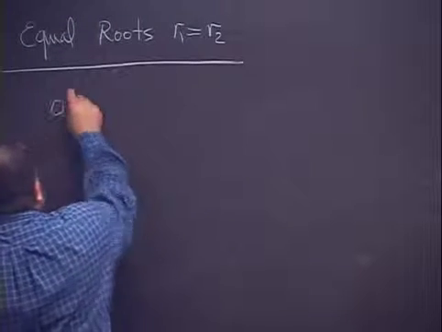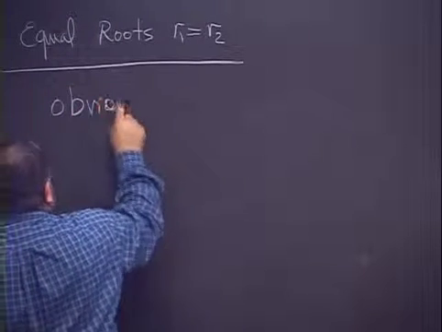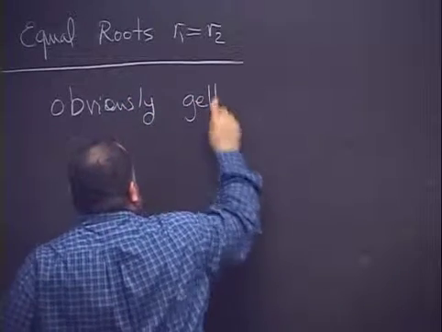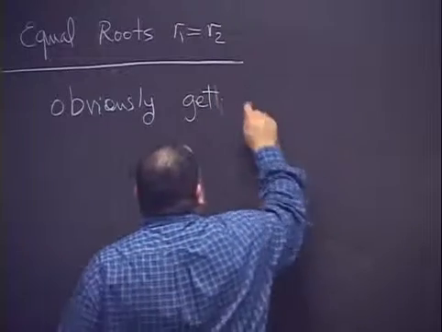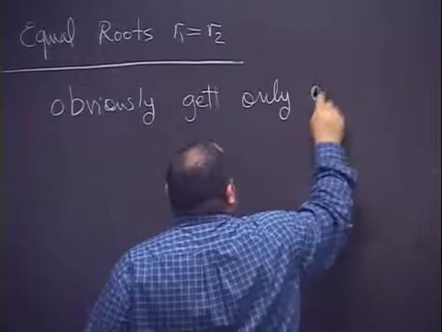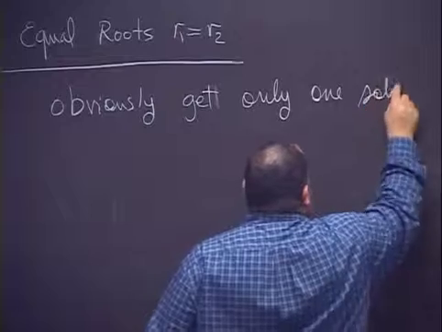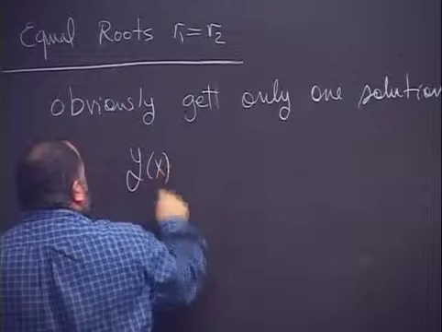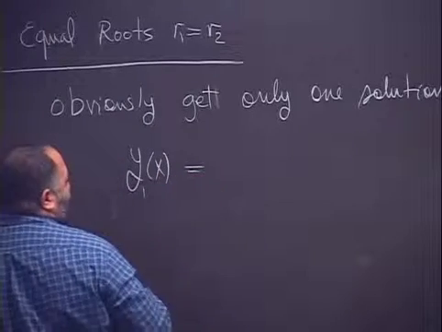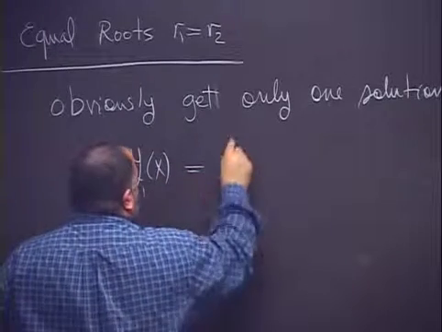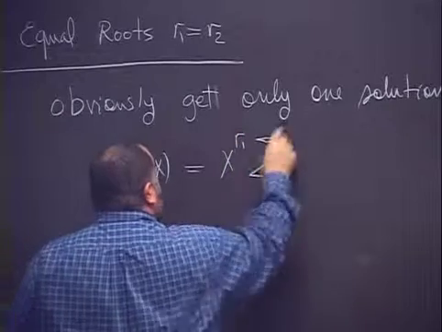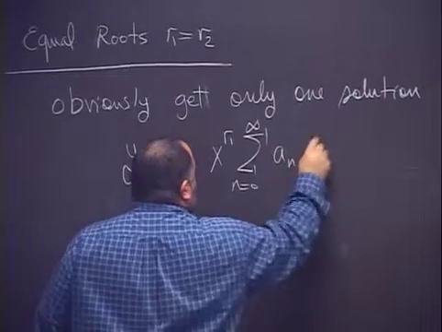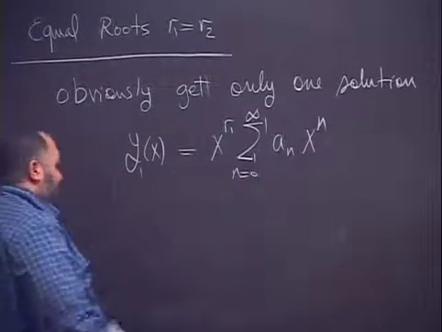So obviously we will be getting only one solution. And this one solution, we call it y1, will be equal to x to the power R1, the summation from n equals 0 to infinity of an x to the power of n.